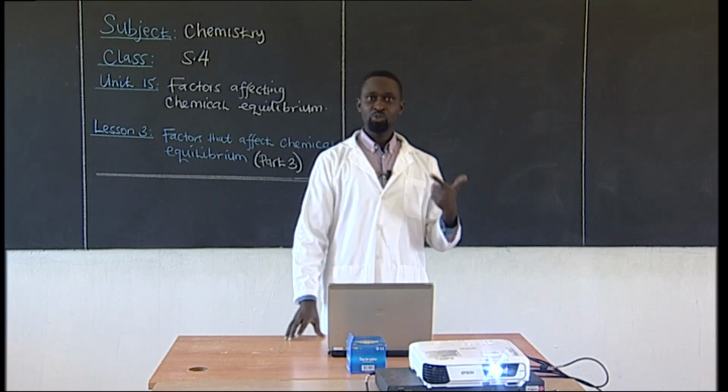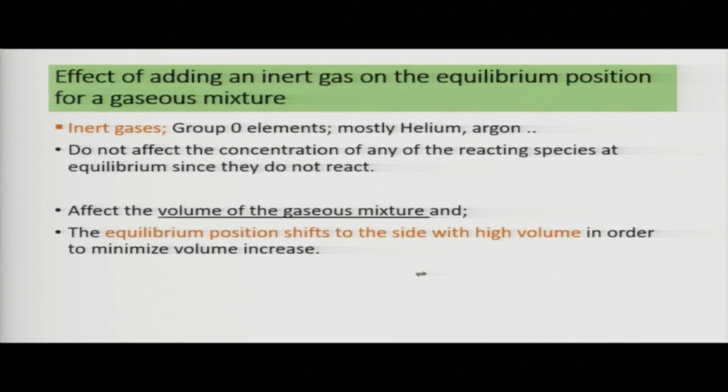So let's go to one other aspect, adding inert gas on the position of equilibrium. What will happen? Of course, inert gases, as we looked at, are the non-reactive elements in the periodic table, helium, argon, and so on. Because they are non-reactive, they do not take part in the reaction.